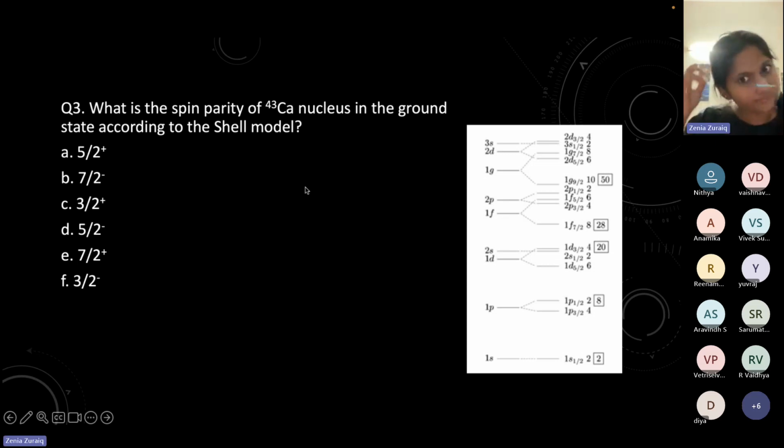Again, remember that it is the valence nucleons which play a role, and not the filled shells. Any other answers in the chat?